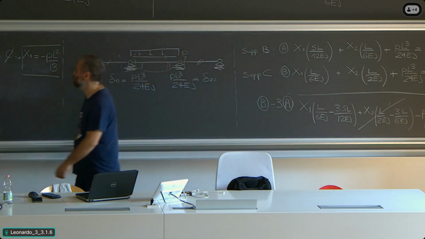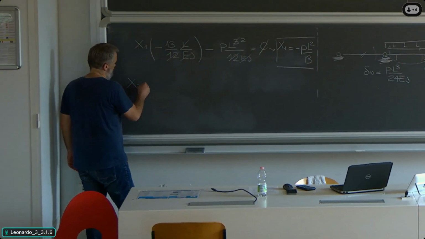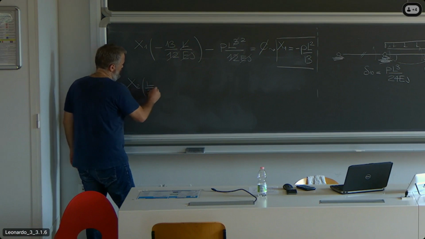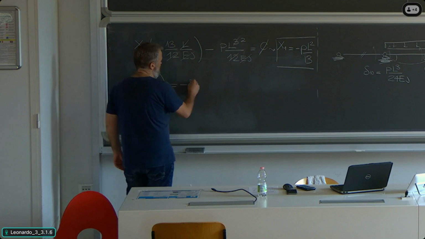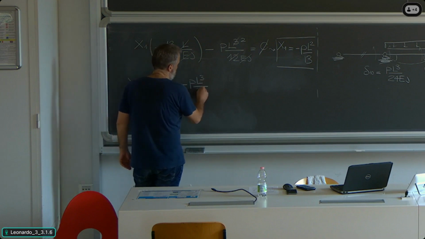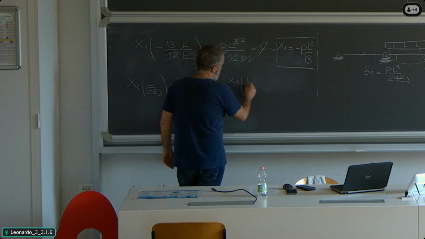What is x2? x2 L over 2EJ is equal to minus PL to the power of 3 over 24EJ minus x1 multiplied by L over 6EJ.